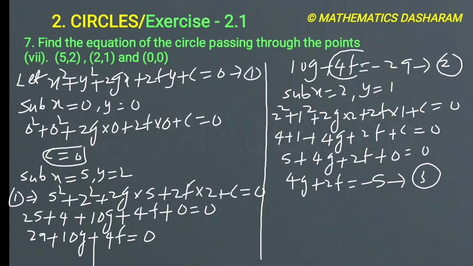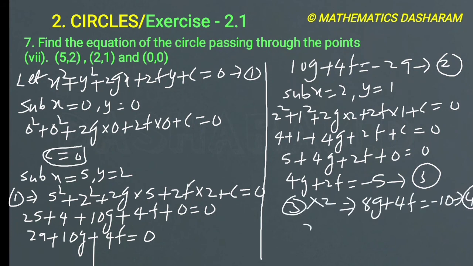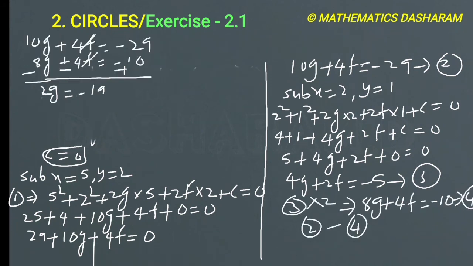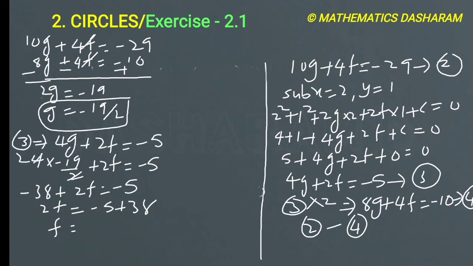So to eliminate the f variable from both equations, multiply equation 3 with 2. Now equation 2 minus equation 4. So then g equals minus 19 by 2. So substitute this value in equation 2 or 3 or 4. So then f equals 33 divided by 2.